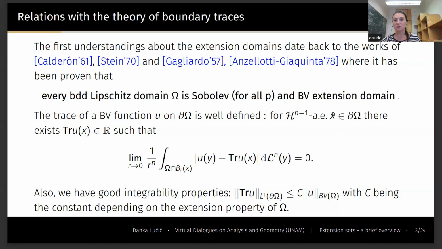And since our domain is an extension domain, we can also get good bounds for this trace operator. We can bound the norm of the trace operator by a constant times the norm of our given function on the domain Ω, and this constant is given in terms of the extension constant coming from the extension property of the domain. So this is somehow a motivation and the relation of why we should care about such domains.